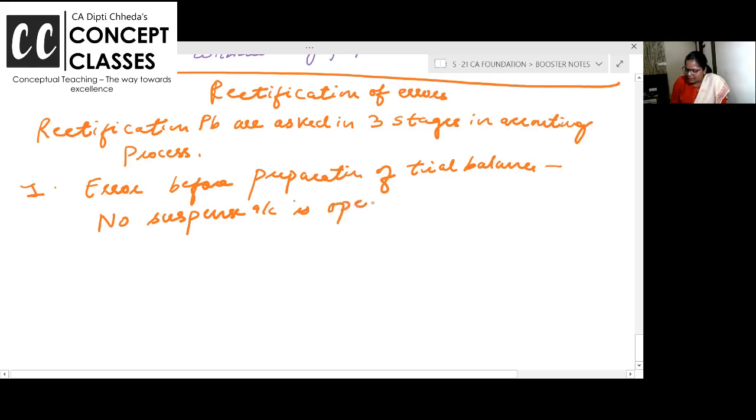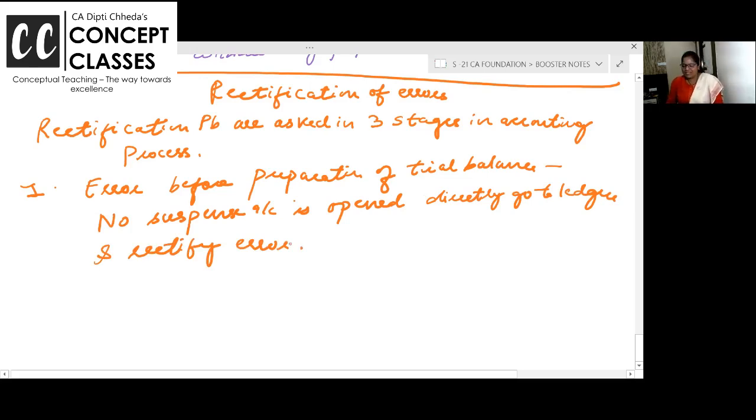There is no need. Directly go to the ledgers and rectify the error. I'm going to work out and show you this today. Directly go to the ledgers and rectify the error.